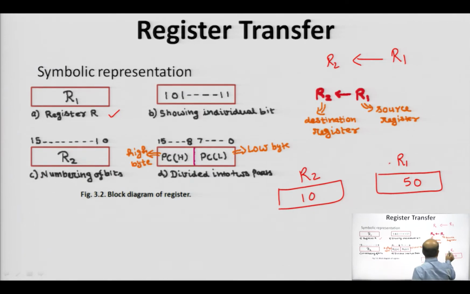So, after transformation of this data, the updated value of R2 will be 50. So, in both the registers, the final value will be 50. This transformation can be represented by this notation.